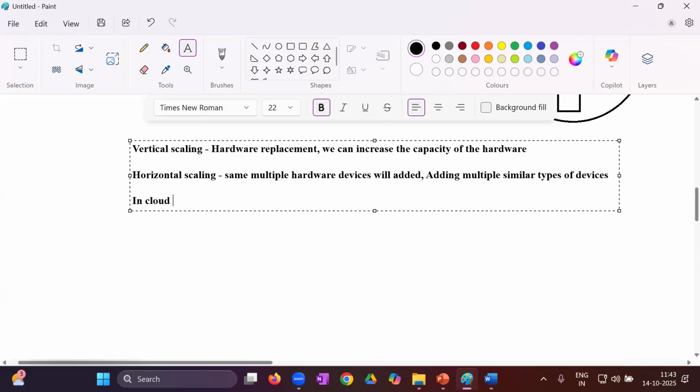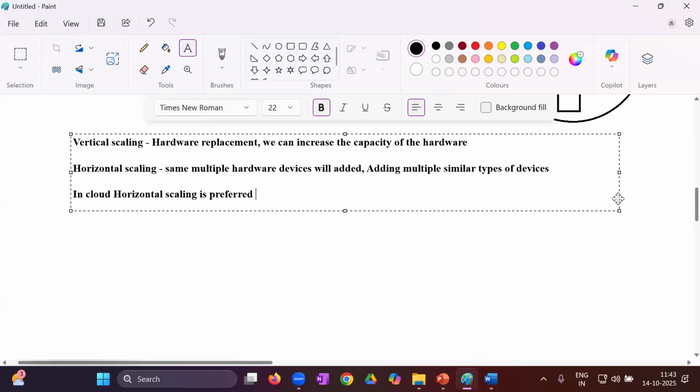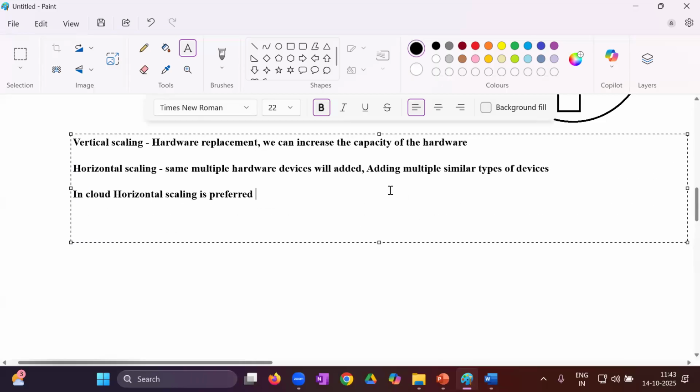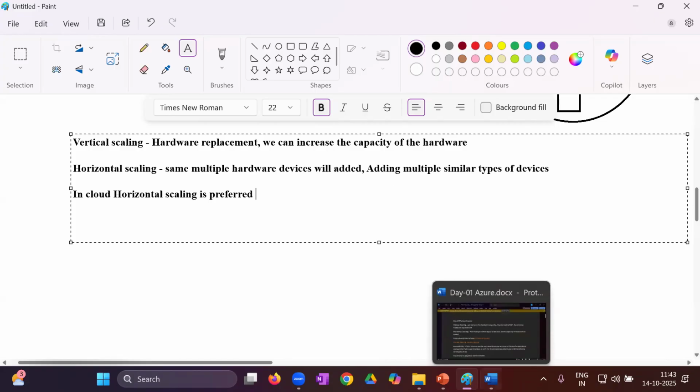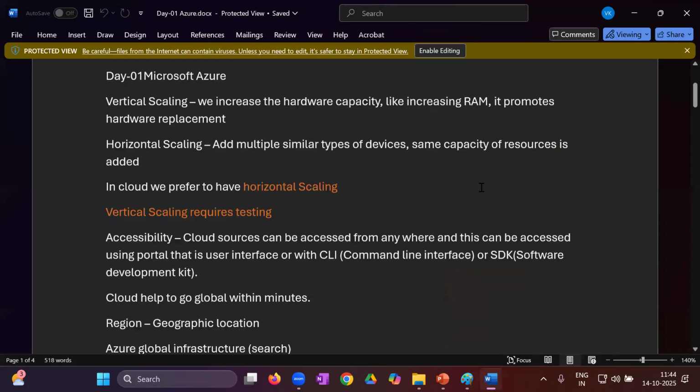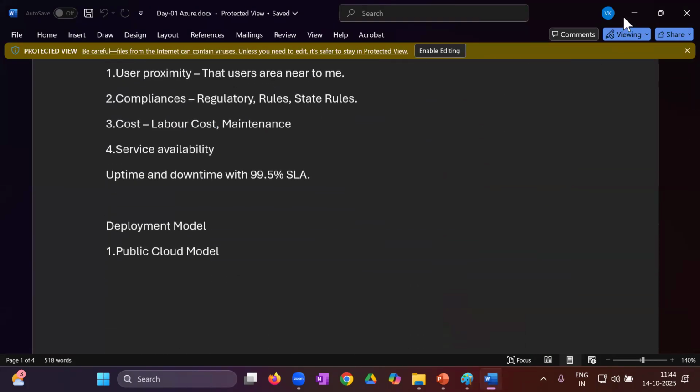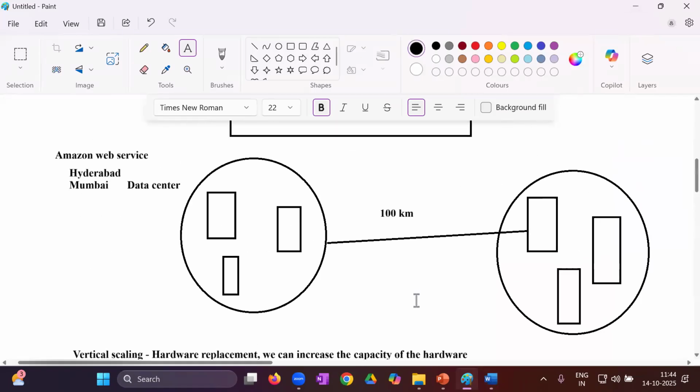And in cloud, horizontal scaling is preferred. Right?